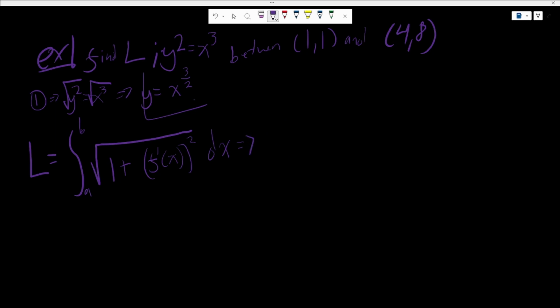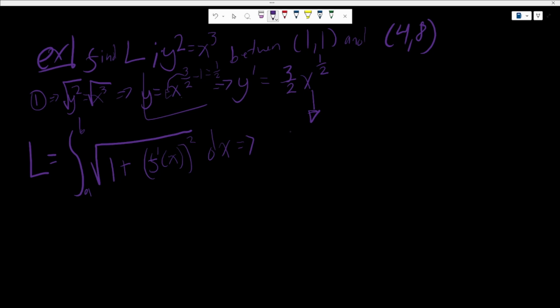So now that we have our y, let's find our y prime. So y prime is just going to be equal to 3/2 x. Since we're using the power rule, we just take that 3/2, move it down, and then 3/2 minus 1 is going to be equal to 1/2. So we have 3/2 x to the 1/2 power for y prime. And now with this, we can plug it in to our arc length function.